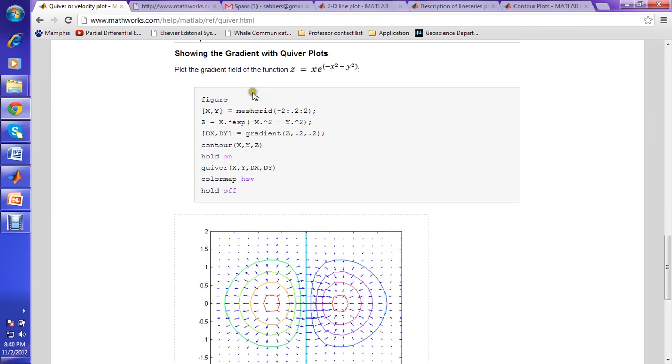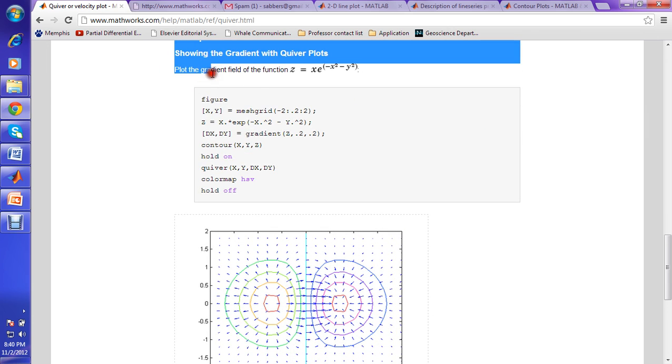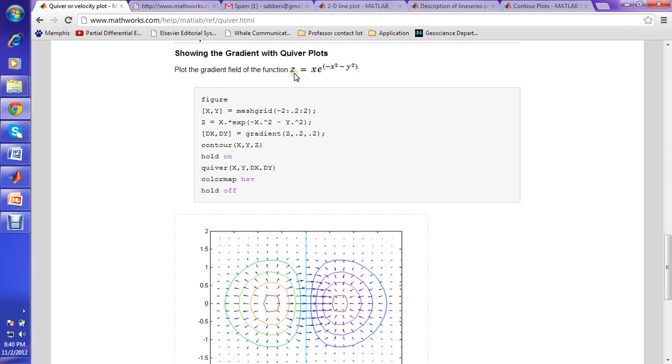If you plot the gradient field of the function, for example, g equals x e to the power minus x square minus y square, then for the gradient field we have to find dx and dy. Dx is the distance between two grid points in the x-axis, and dy is the distance between two points in the y-axis.